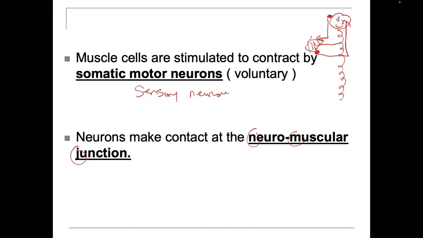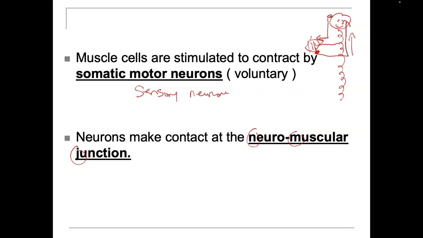Impulses can go from the brain down to the cells and the tissues and the organs, or they can go from the cells, tissues, and organs up to the brain. When the information descends, we call it motor neurons. When the information ascends and goes up, it's called sensory neurons.